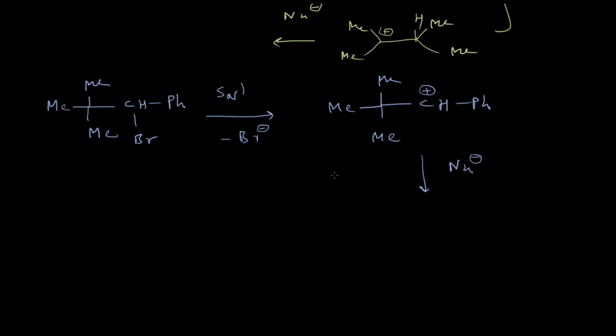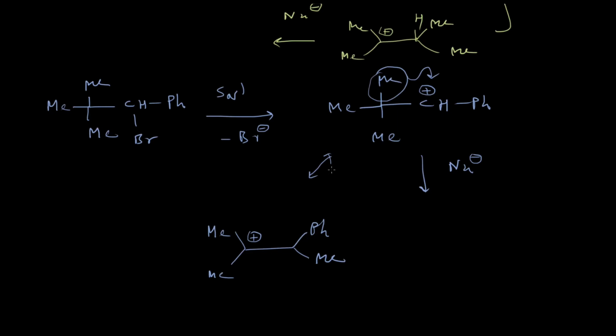So why is that? Obviously it is a neopentyl system. Suppose after a methyl migration, a 1,2 methyl migration, we are getting this carbocation. So now we have to compare the stability between two carbocations.